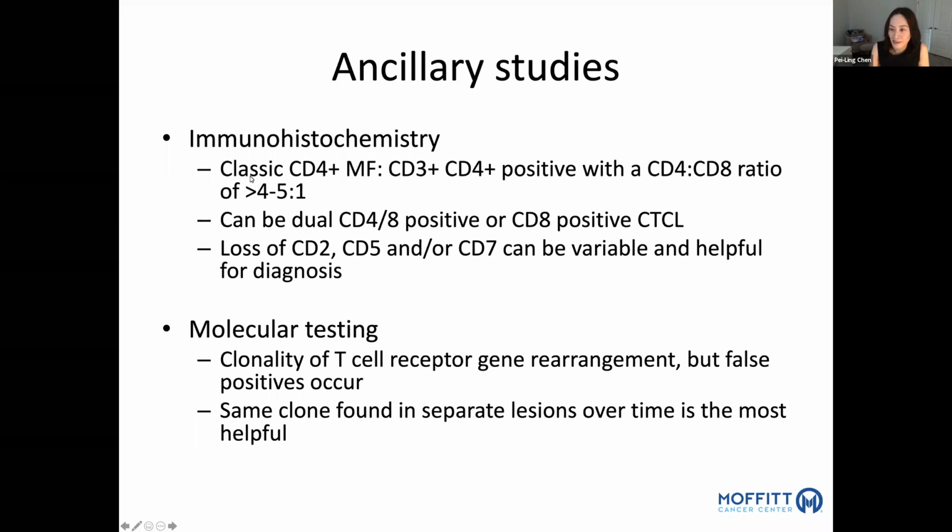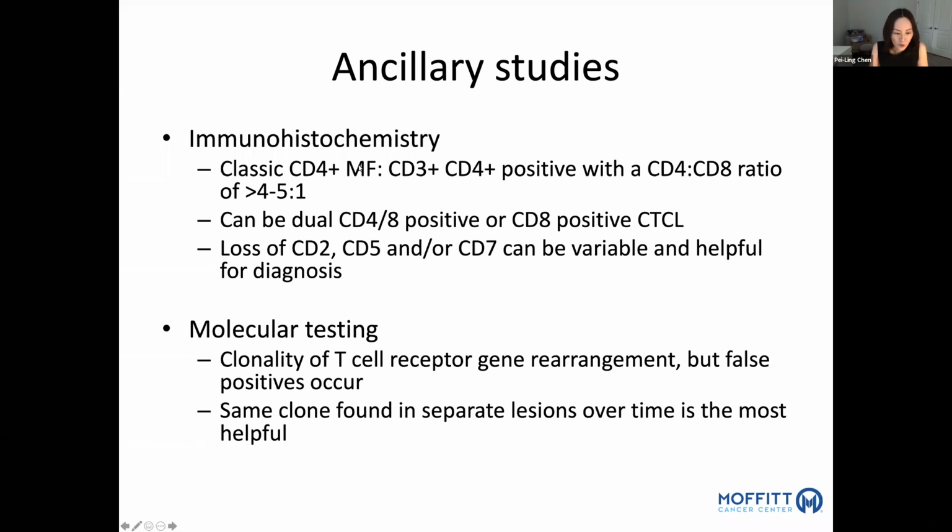So even though the classic form is CD4 positive mycosis fungoides, the malignant MF can also be dual CD4, CD8 positive, or as I mentioned, we also have variants that are CD8 positive CTCL. These mycosis fungoides can show variable loss of CD2, CD5, and or CD7. It can be variable, but seeing loss of these markers is helpful for the diagnosis.